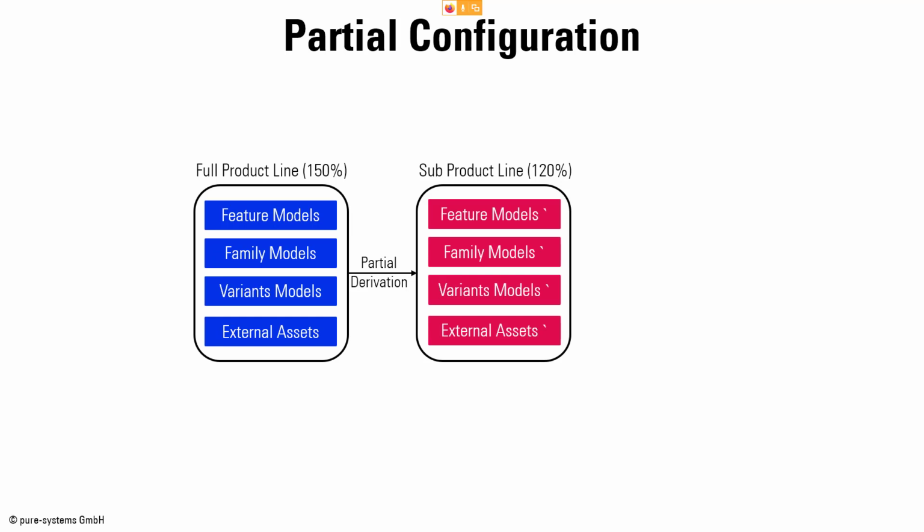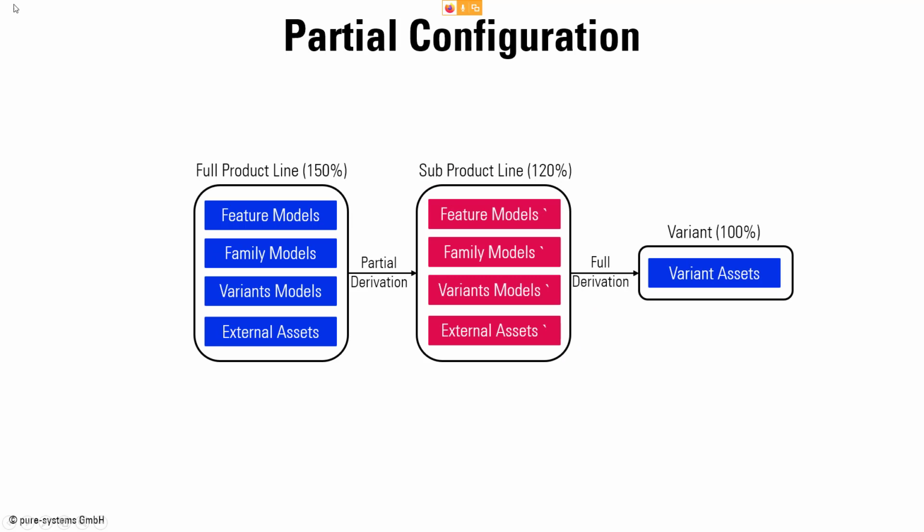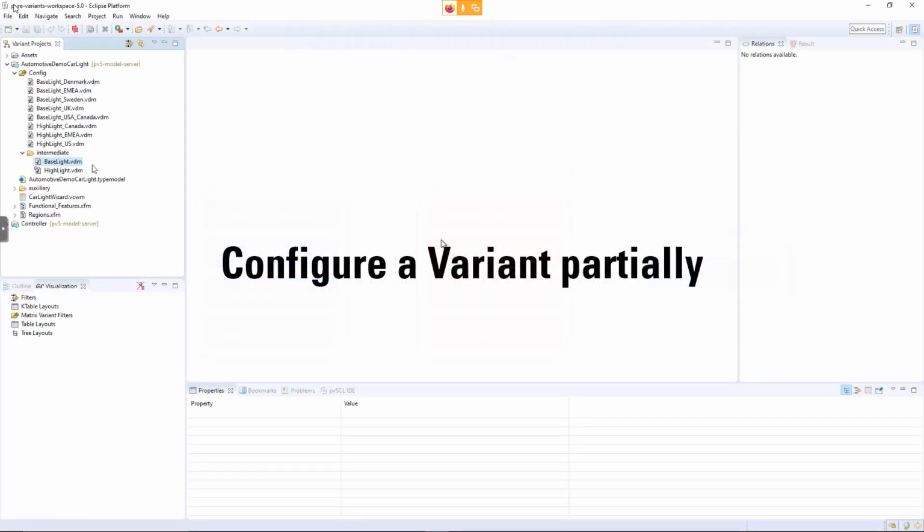Treat this as its own product line, and here make actual variant configurations to get to the 100%. And today we will have a closer look at how this is actually done within Pure Variance.